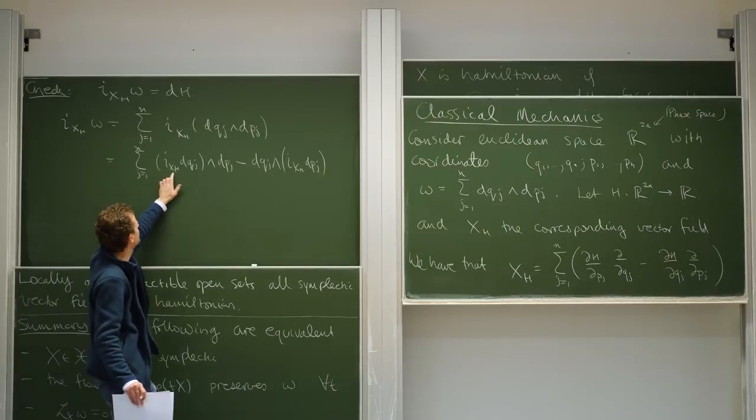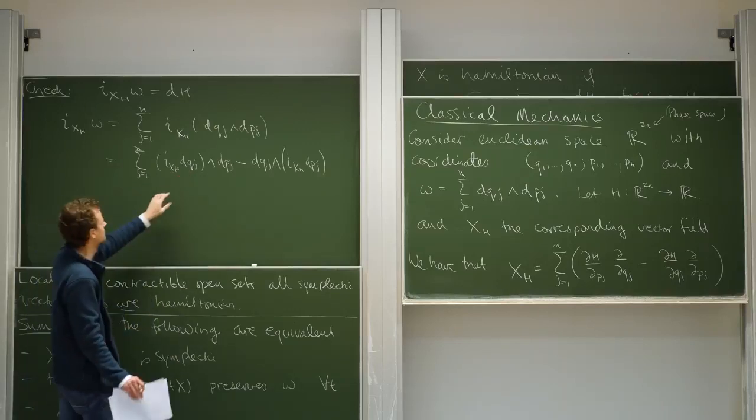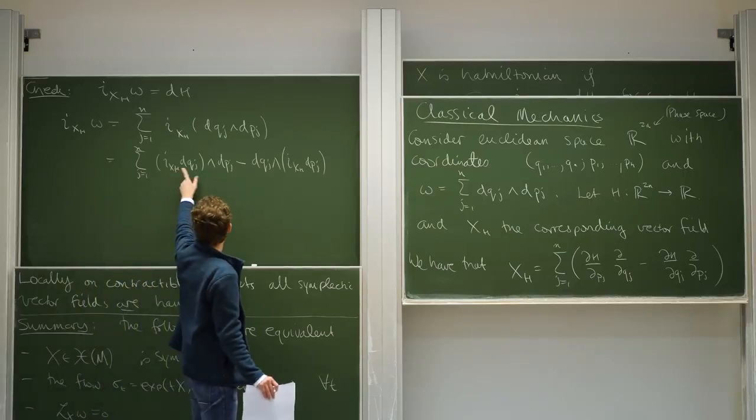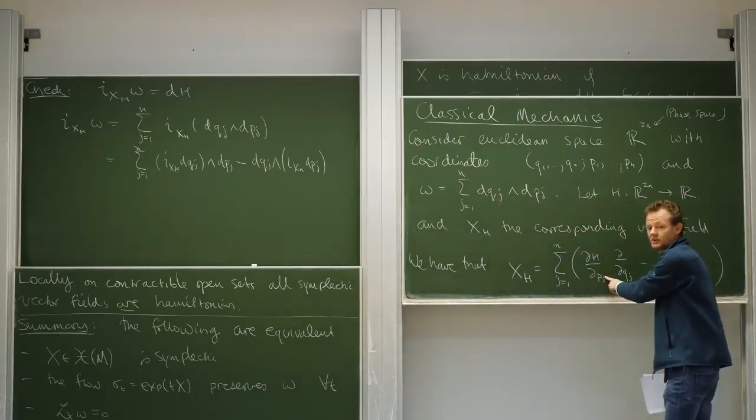And the internal product of a vector field on a one-form is just a number. And that is easy to work out. So dq^j internal product with X_H should just give us dH/dp_j.